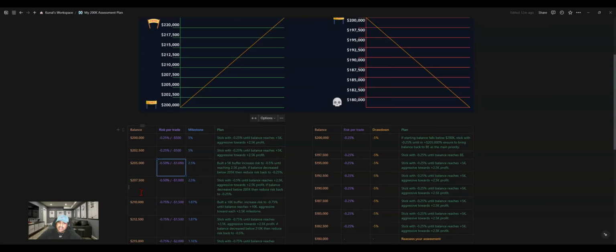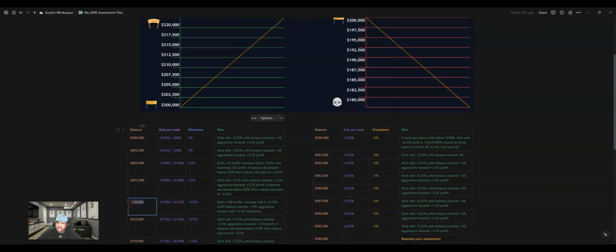I've made 5%, it pushes me back into this category, so I increase my risk again. But if for any reason I made $2,000, $2,000, $3,000, and I'm in this category, I'm still sticking with minus 0.5%, and I'm only decreasing it if I fall below here. At this point I've still got a bit more of a buffer because I'm still above 205,000.